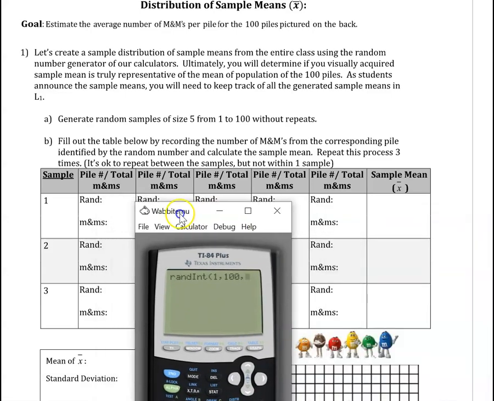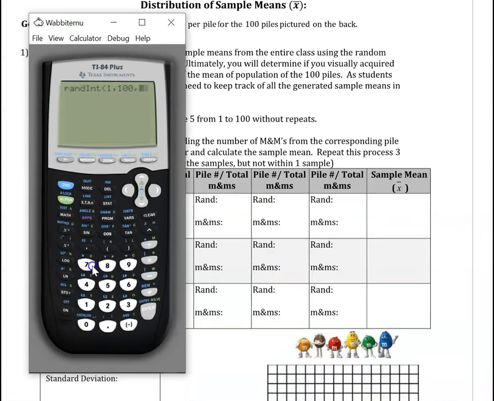Now I don't want to repeat, so I'm actually going to do like 7 in case I need to throw something out. And there you go. So I'm getting 95, 91, 15, 52, 41. And I don't think I had any repeats in that. So those are just my data points that I would hit.